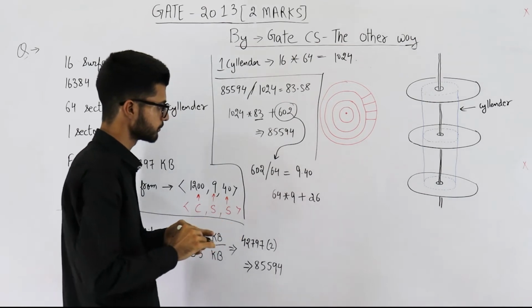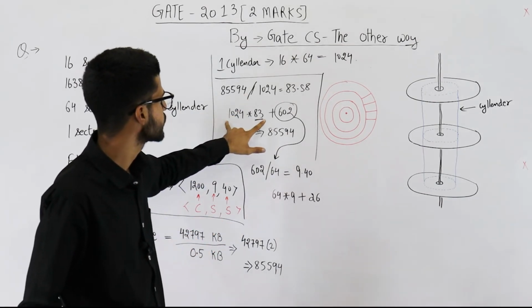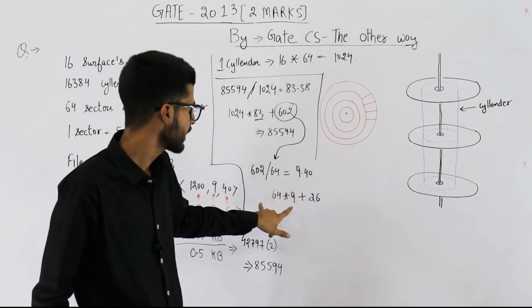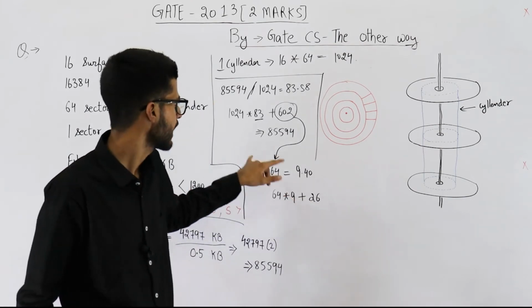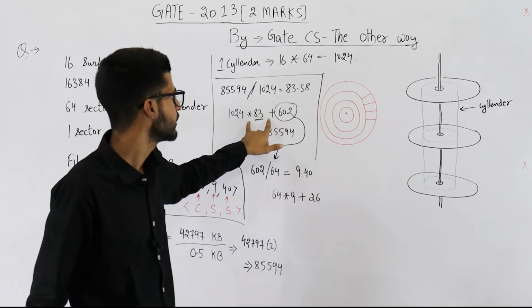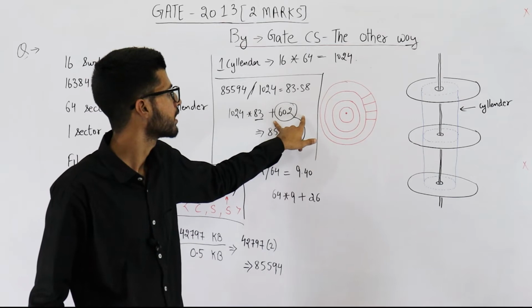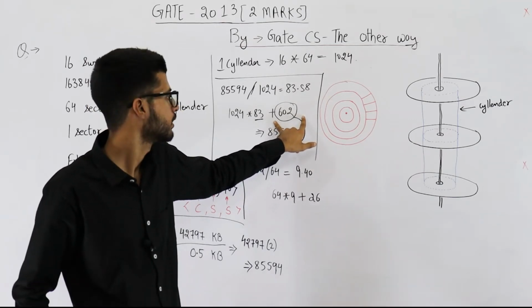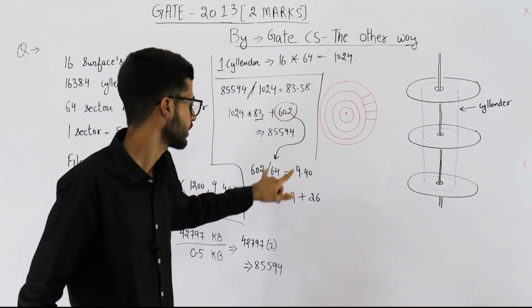So you can see 85594 can be written as 1024 into 83 plus 602. 602 can be written as 64 into 9 plus 26. That means if you try to make cylinders, then 83 cylinders are complete and the next cylinder will contain only 602 sectors, so it will not be filled. Let's see how many surfaces of the next cylinder are filled.